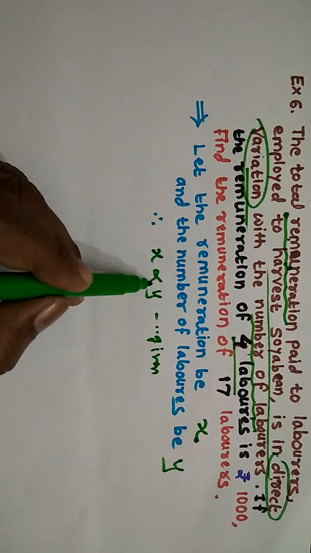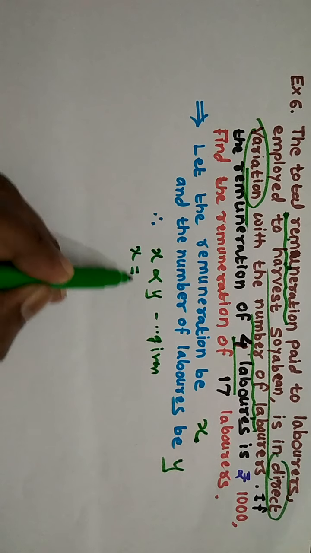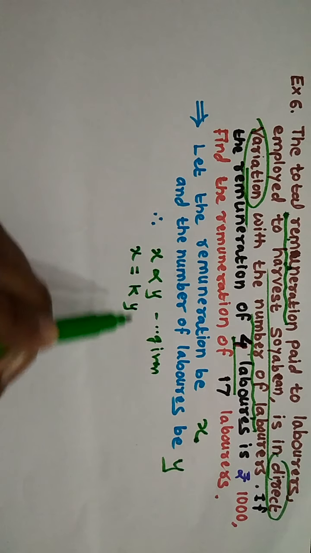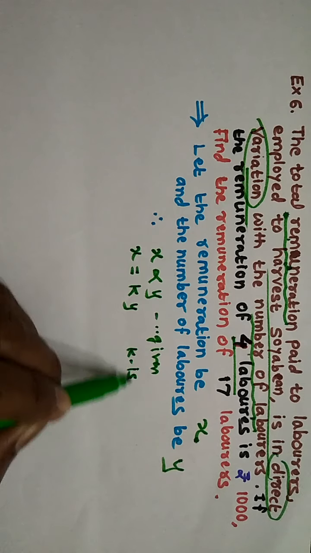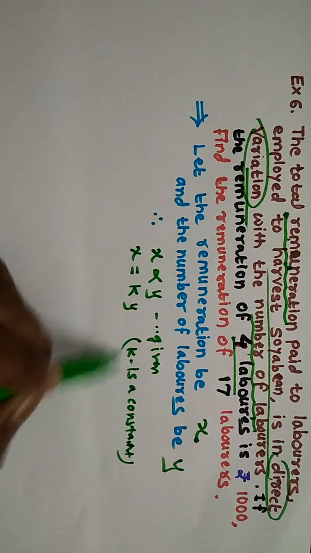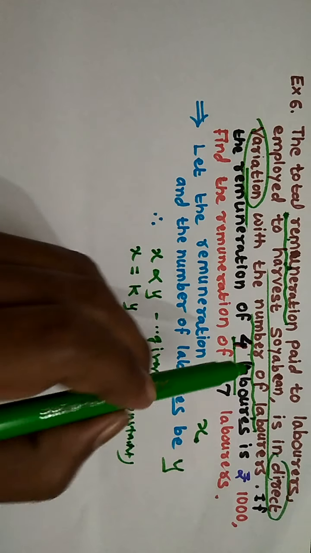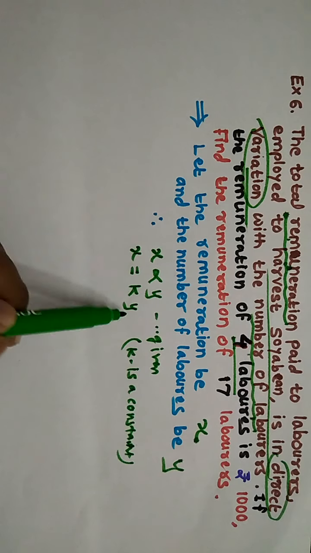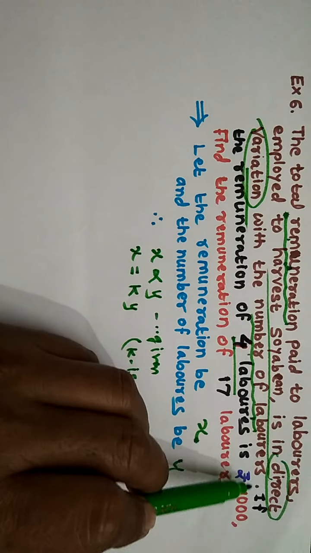Now to solve this example, we take k as a constant. Now read the example carefully. Both values of x and y are given in this example.